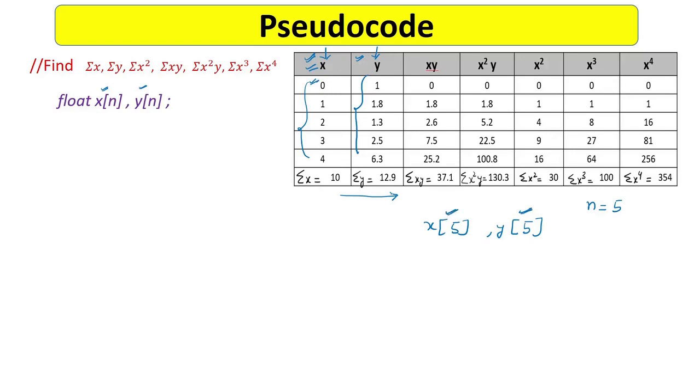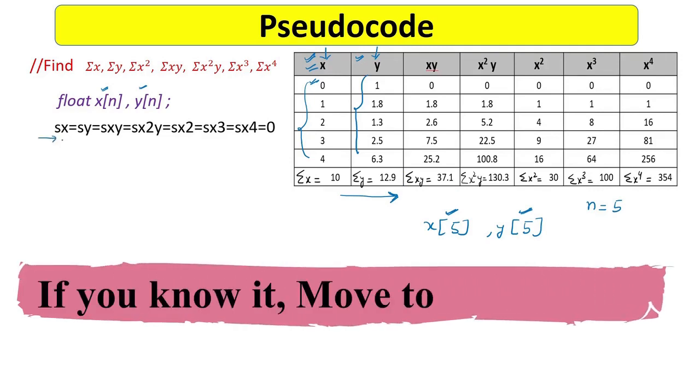Now the question is how to find these summation values. There can be many approaches to find these summation values. One optimized way is this one. First I will take variables to store these summation values. I have taken 7 variables to store each of these summation values.